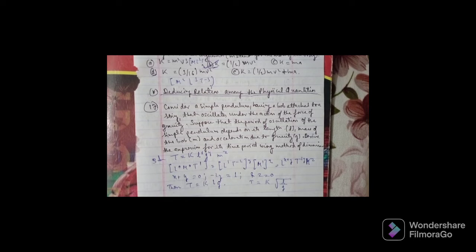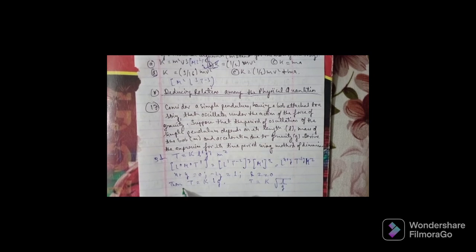Here it does not matter if some number multiplies the right side of this formula, because that does not affect its dimensions, and actually k equals 2 pi, so that T equals 2 pi under root L by g.